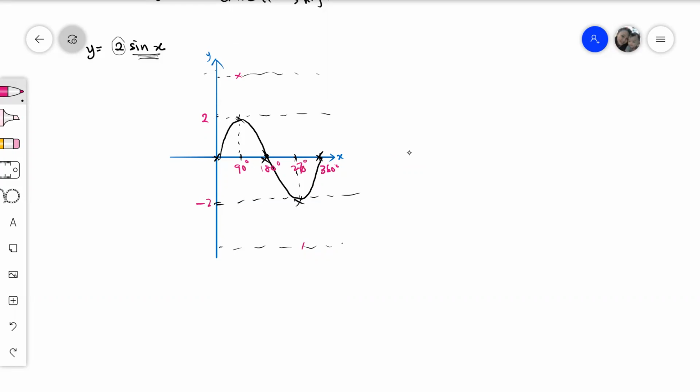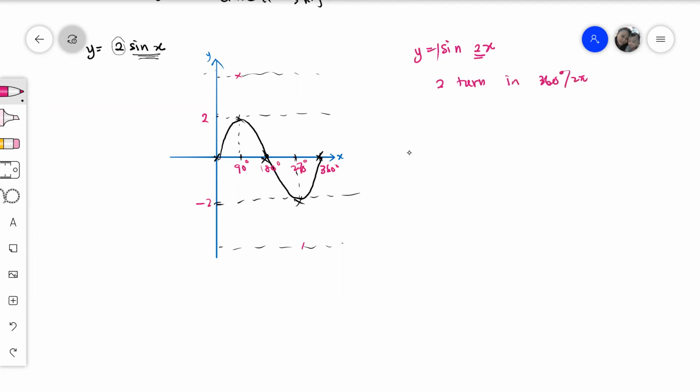Now, what if I want y equals sine 2x? For y equals sine 2x, your amplitude is 1, and b is 2, which means you have 2 complete oscillations in 360 degrees or 2 pi.